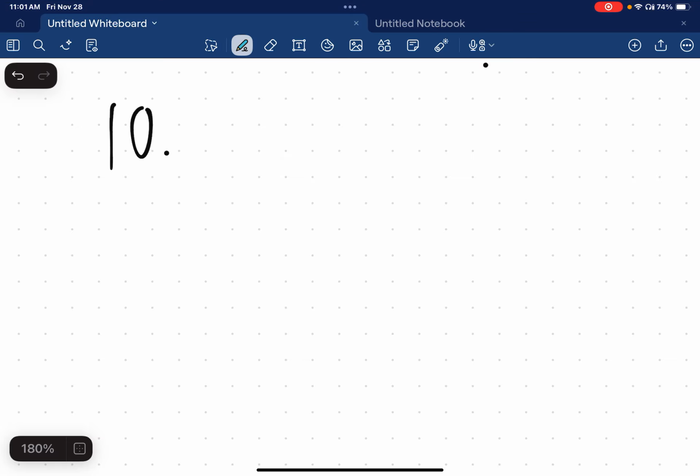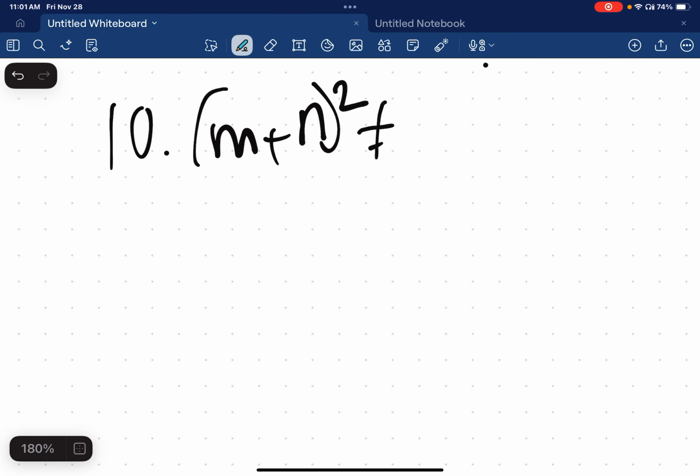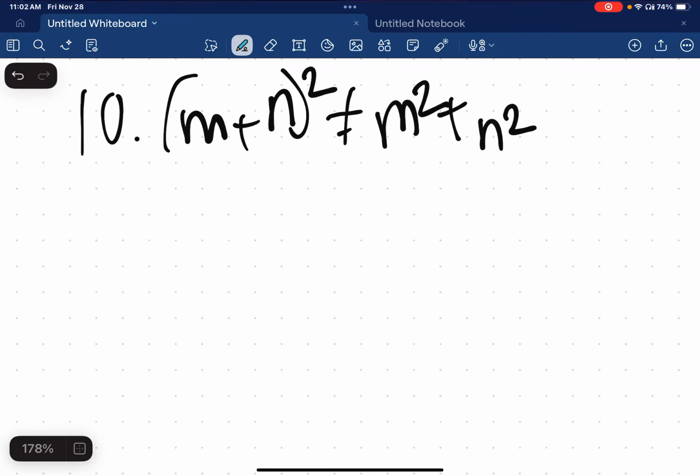Let's write this down. M plus n squared does not equal m squared plus n squared. We can do it the long way, or we can just set them both equal to 1 and that gives us the proof already, but we'll do it the longer way.